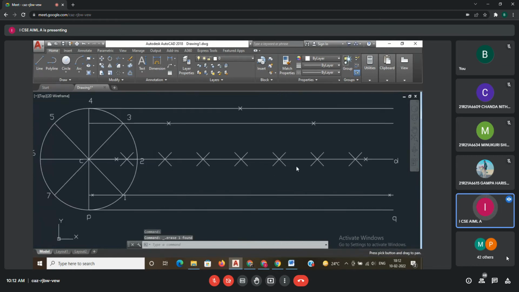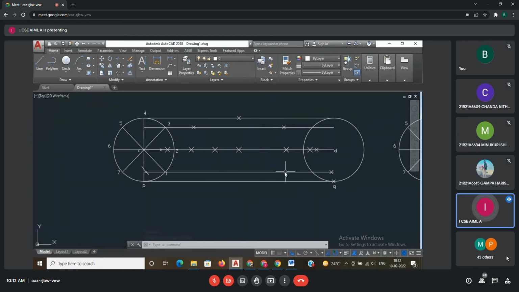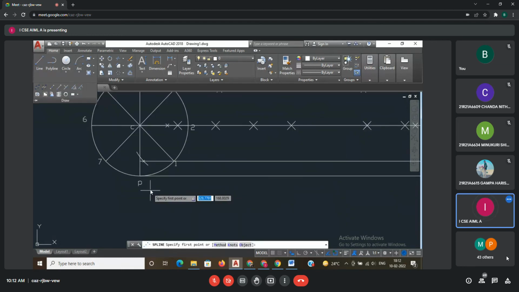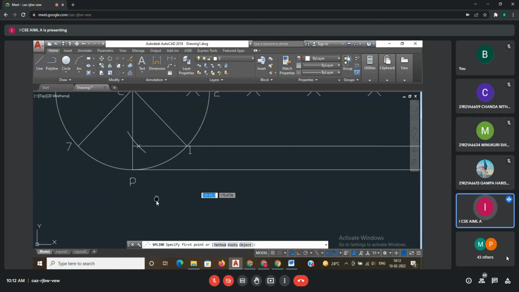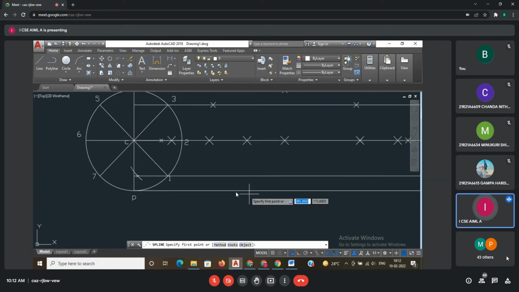Or you can draw up to the 4 points. You can go for the mirror option. Now here also you can go up to the 4 points. Select the spline curve. Always you have to start your curve from the base point only. Don't start from the P1. This is your P1, but always you have to start with the base point.